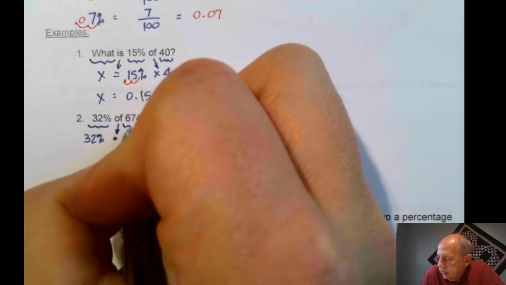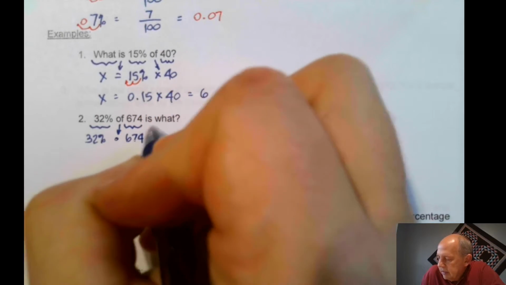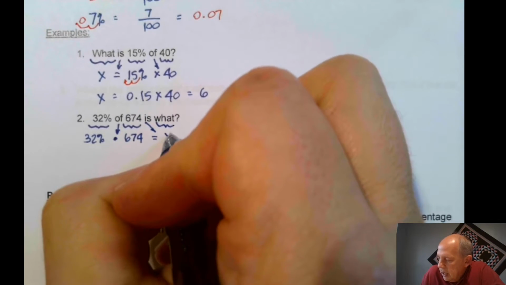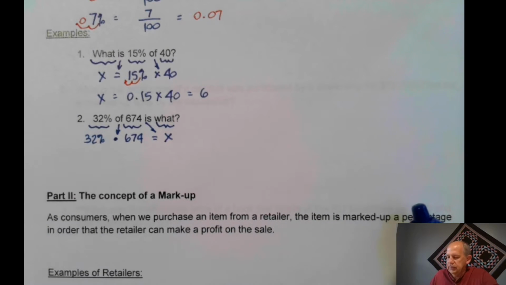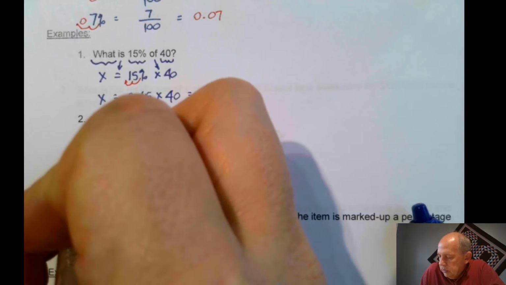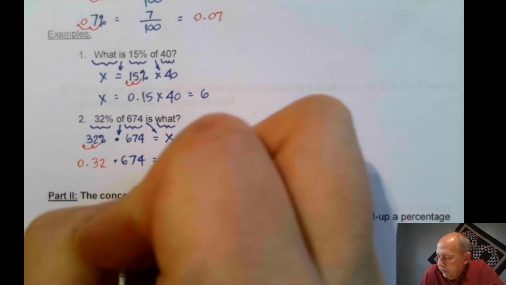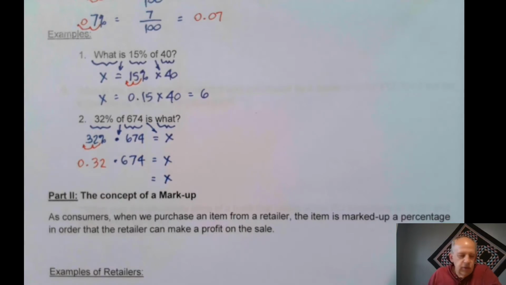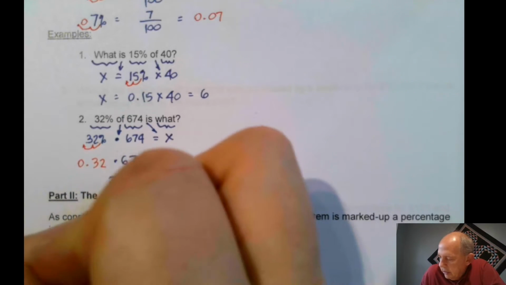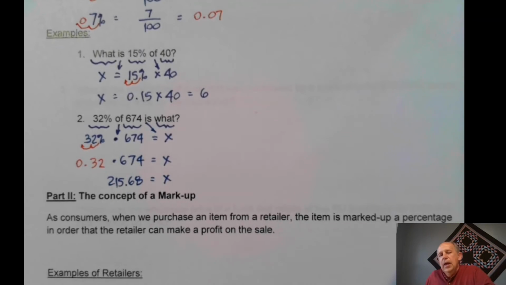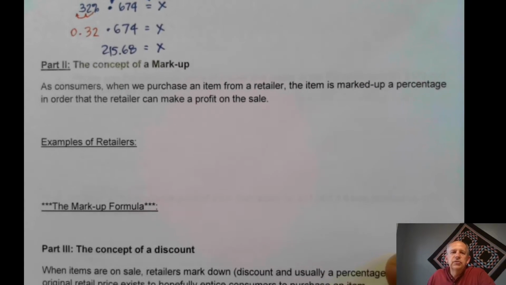Of means multiply. 674 is 674. Is means equals, and what means X. So I'm going to move the decimal over two places. 0.32 times 674 equals X. When I do the calculation, I take out my calculator and I have 215.68.